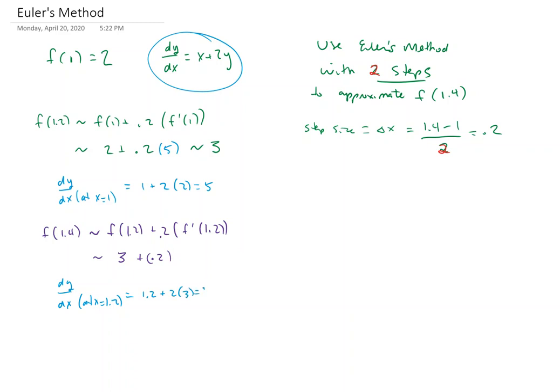I think that's 7.2. That's what I think the slope is at that point. And what is that going to be? 1.44. 4.44. So I think f of 1.4 is 4.44. Is it? No, we don't know what it is.